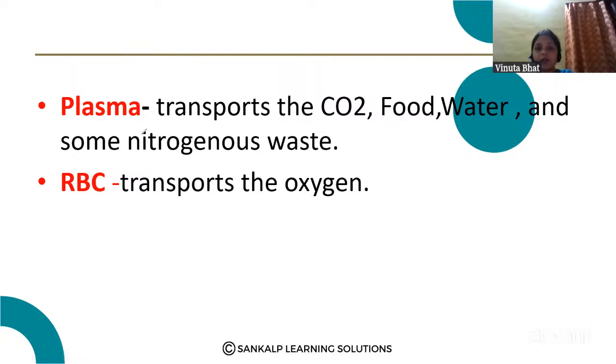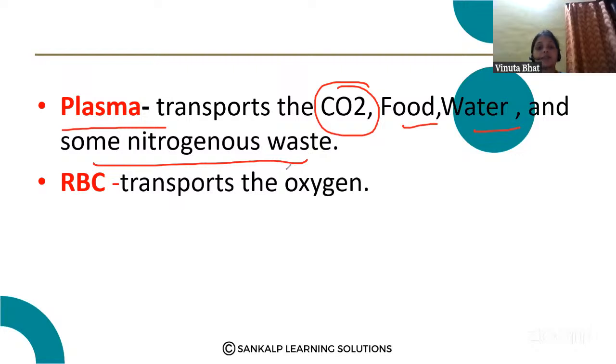For example, the plasma transports the carbon dioxide, food, water, and some nitrogenous waste, essential things, as well as some waste products also. Then RBC transports the oxygen. RBC is able to transport the oxygen. So that is also a necessary thing in our body.